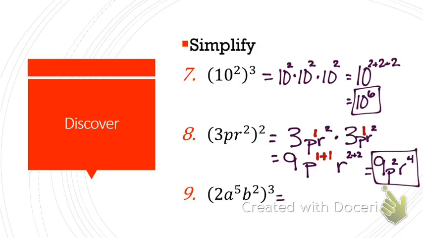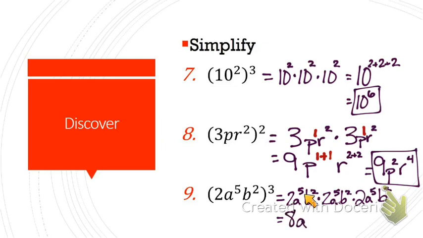So in the next one, we've got 2a to the 5th b squared times 2a to the 5th b squared times 2a to the 5th b squared. So regular numbers in front, the 2 times 2, that's 4, times another 2, we're at 8.